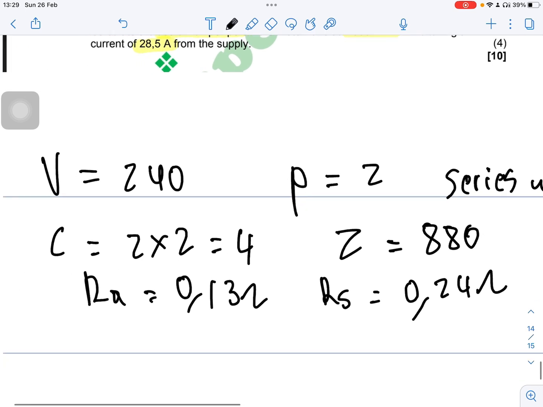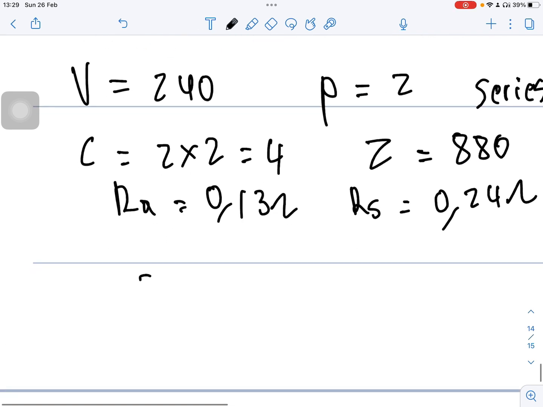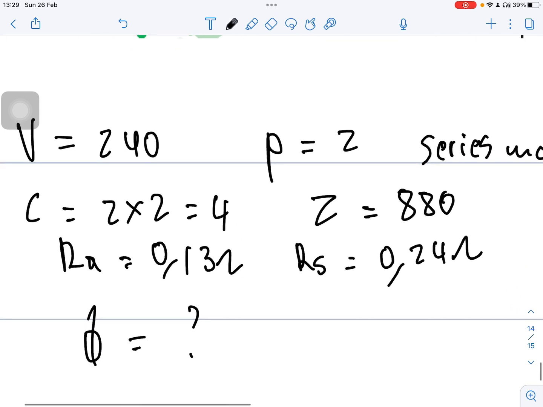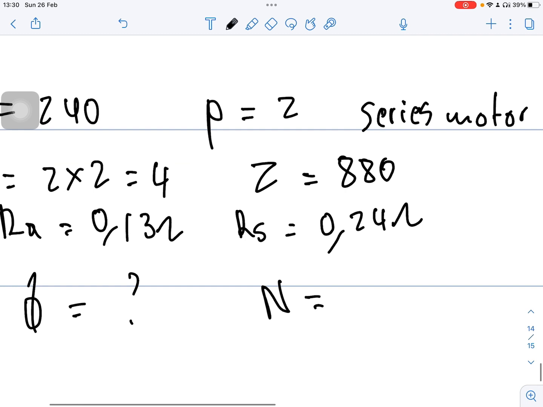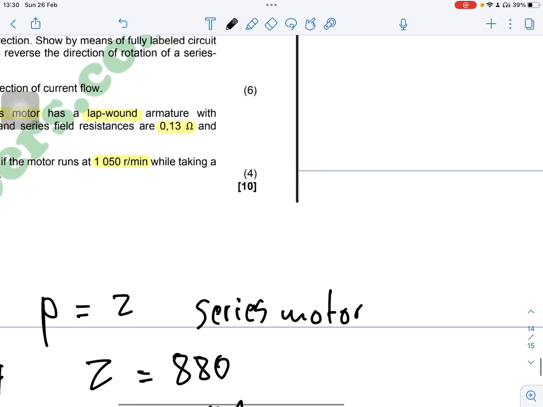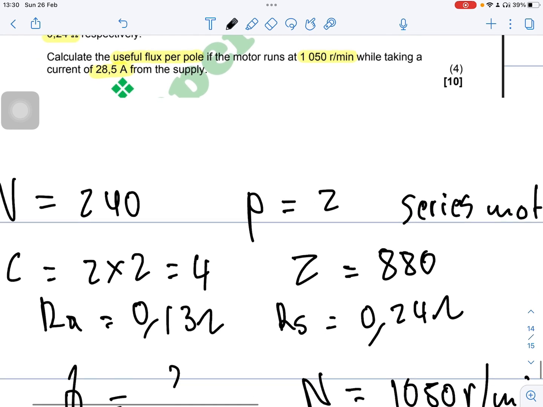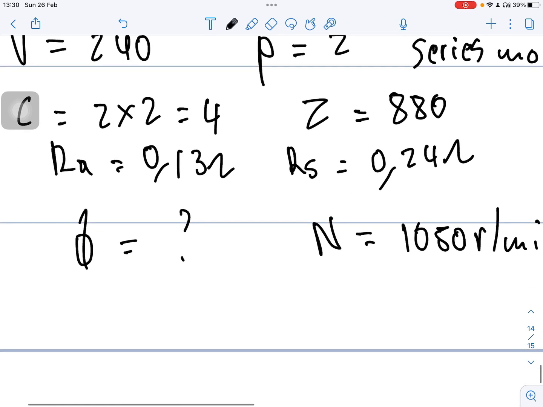They want us to find the useful flux. And the motor runs at the given speed N in revs per minute, taking a current of, so I load, 28.5 amps.